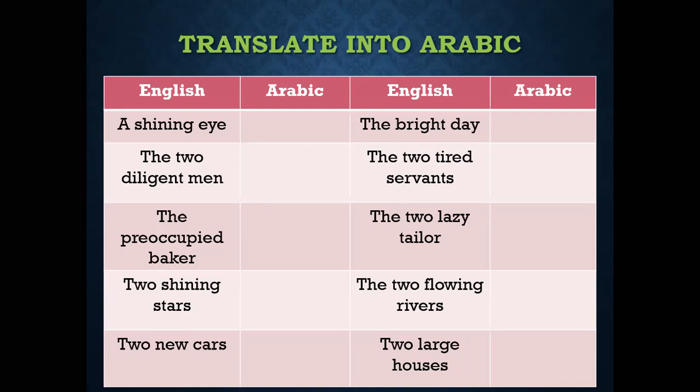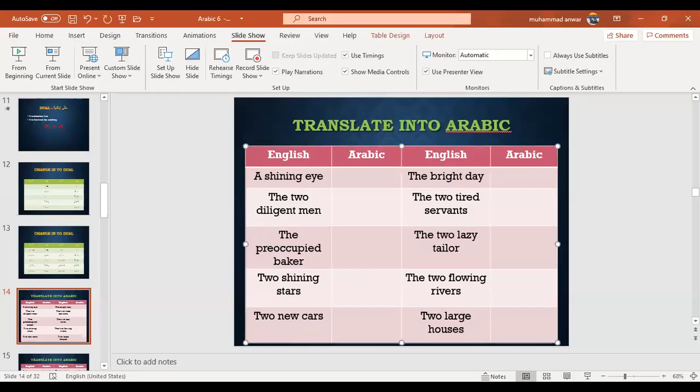This is how it would work. The two lazy tailors. Tailor is khayyat, from khayt. Khayt means the needle. So khayyat, two tailors should be khayyatani.